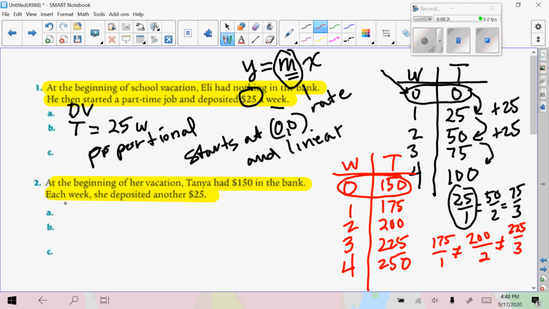So you're going to say it is linear but not a direct variation. And I'll put a slash through it to show not direct variation. My explanation, you already heard that. The reason we know it's not a direct variation is it doesn't start at 0, 0. I'm going to just say not proportional.